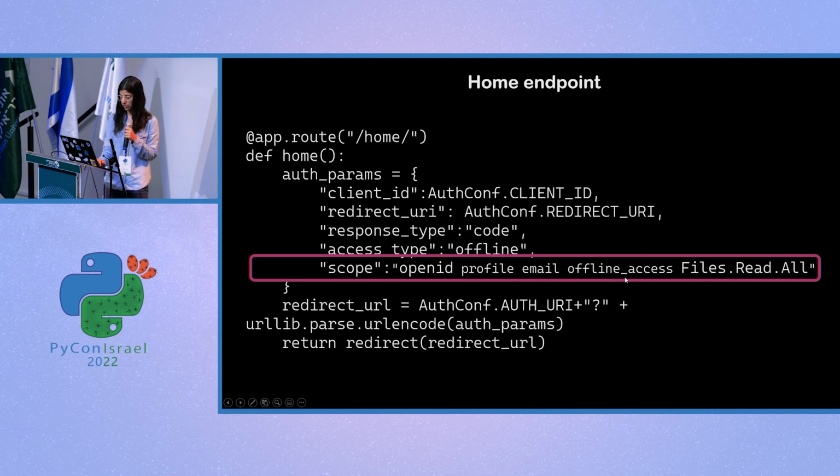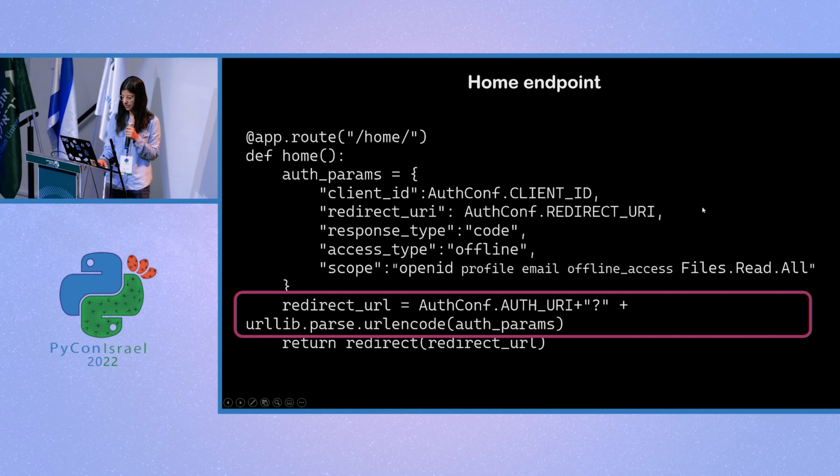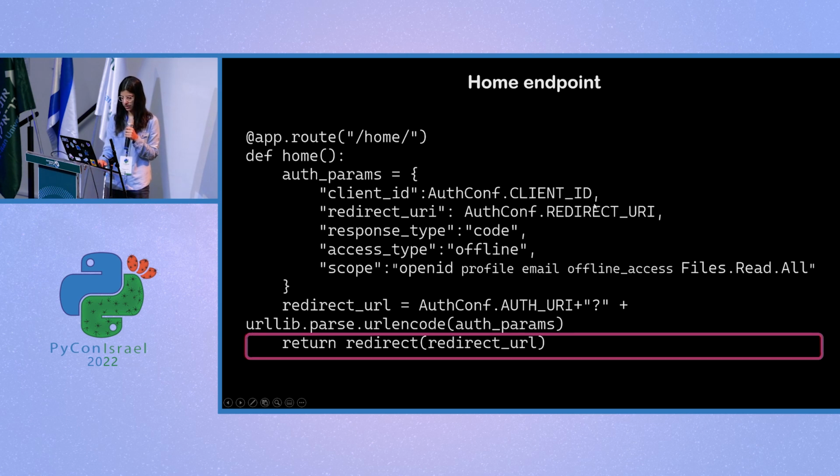We also request an offline access scope because we want the refresh token, and we request the file.read.all because we want to read the user's OneDrive files. Now we prepare the redirect URL, which is the OAuth URI plus the parameters that we just prepared, and we redirect the user to that URL.